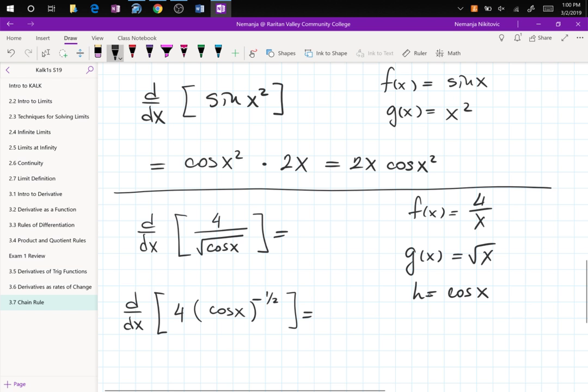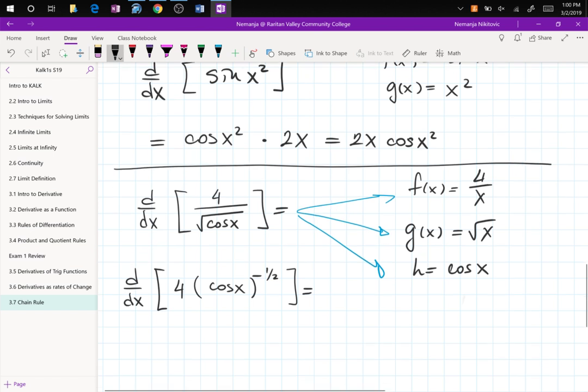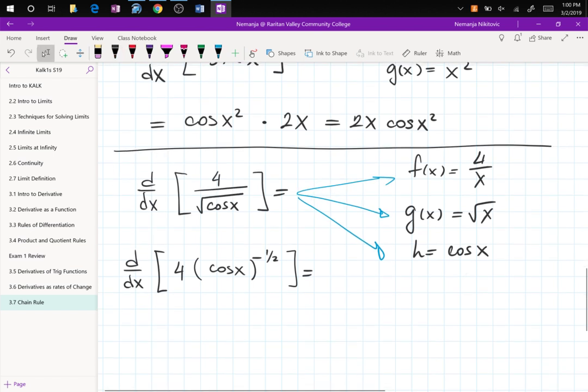So this one goes into these. But if you rewrite it, then you have less stuff to worry about, because your f of x is now 4x to the negative 1/2, and your g of x is cosine x, so you have one function less. Right?